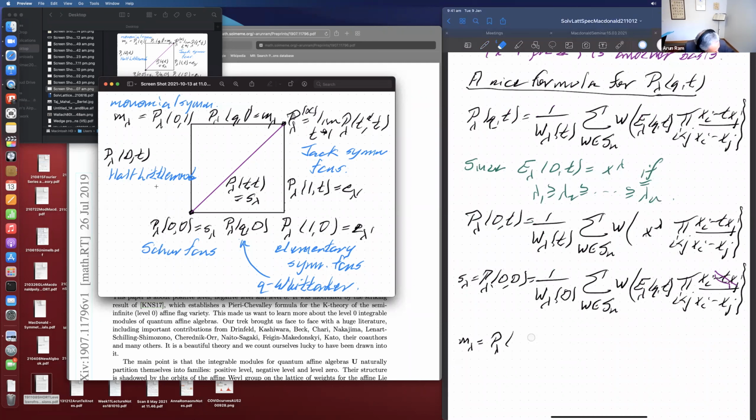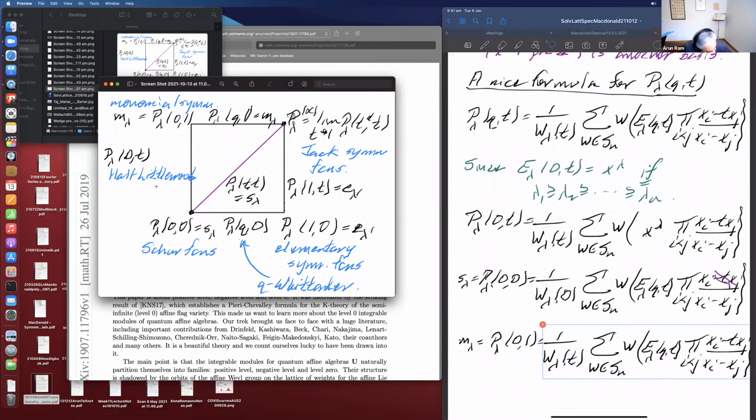And similarly, if I want to look at the other corner, now this t turns into a 1, and this t turns into a 1, and that makes this factor just disappear.